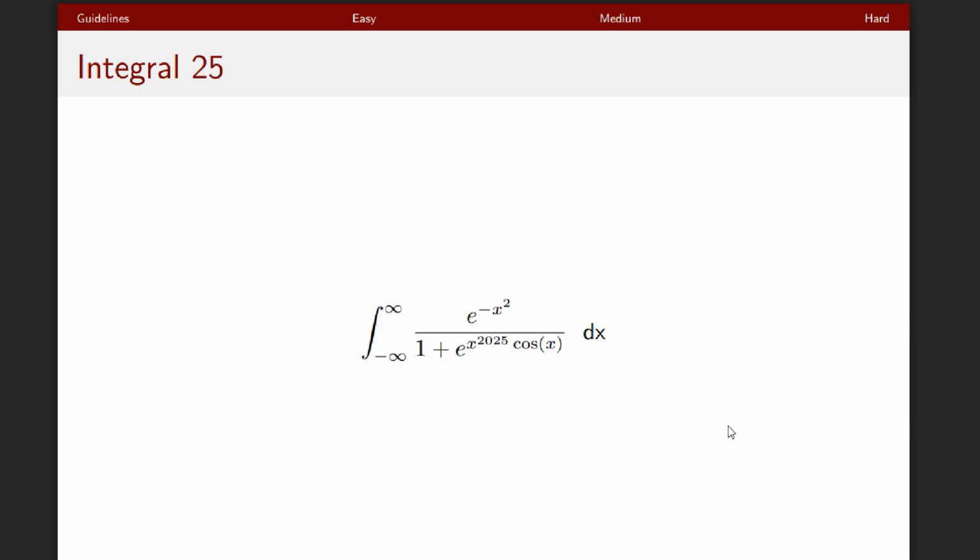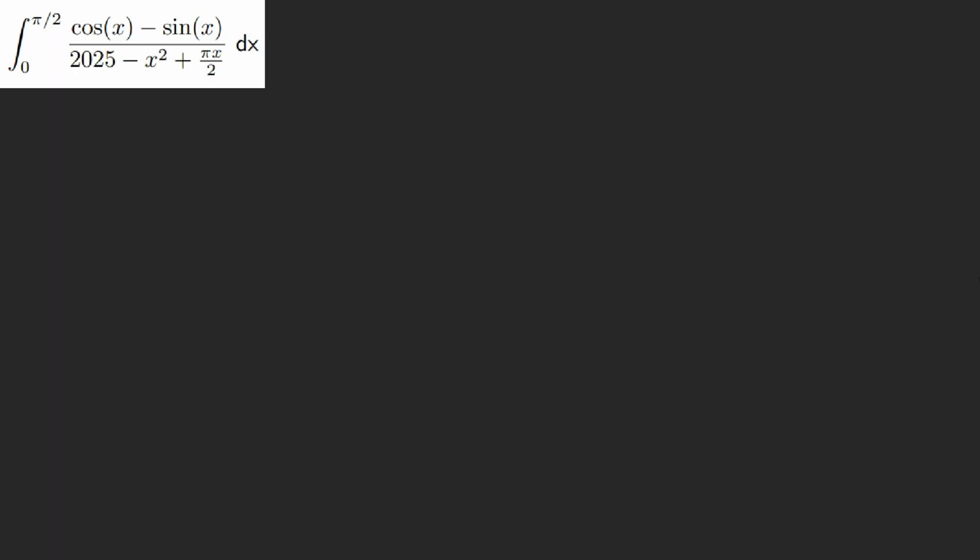Okay. This is root pi over 2. Yeah. Ninja sub. Okay. That is interesting. You know what I noticed? I genuinely hope all of you caught this. We have cosine and sine here, right? We have 2025.